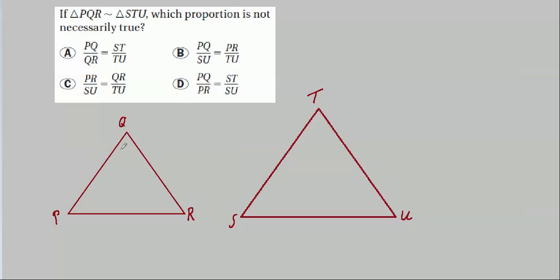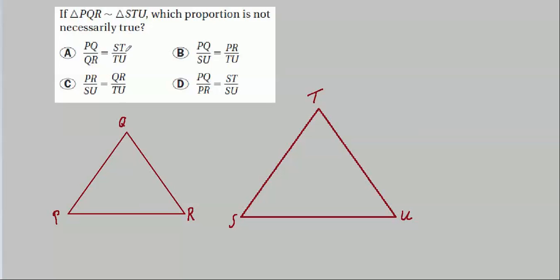This is the side of this triangle, and this is the side of the same triangle. But remember our theorem says we can switch the means, and if we write this, we could switch these two means and end up with PQ over ST equals QR over TU.